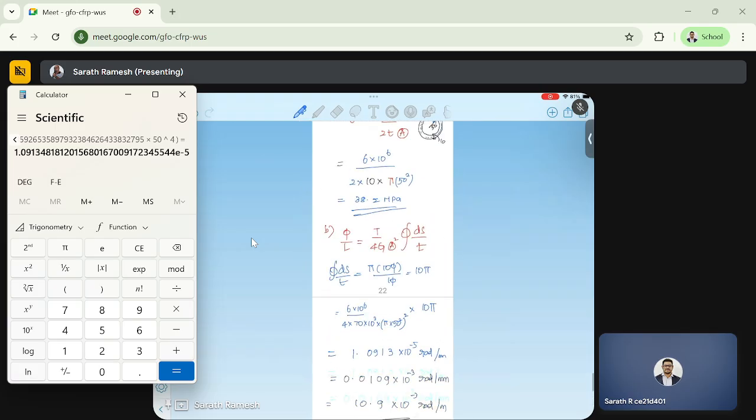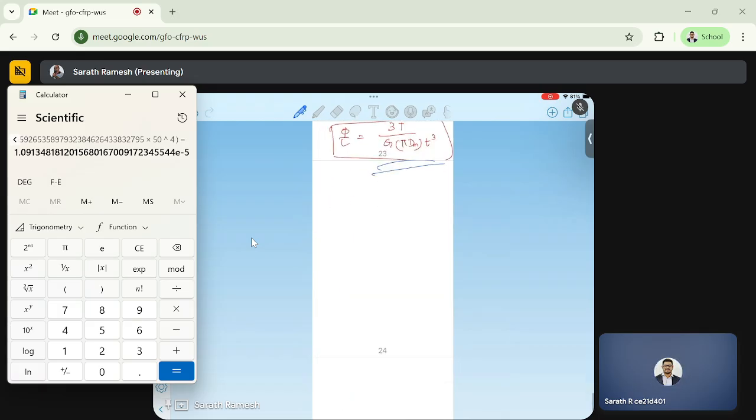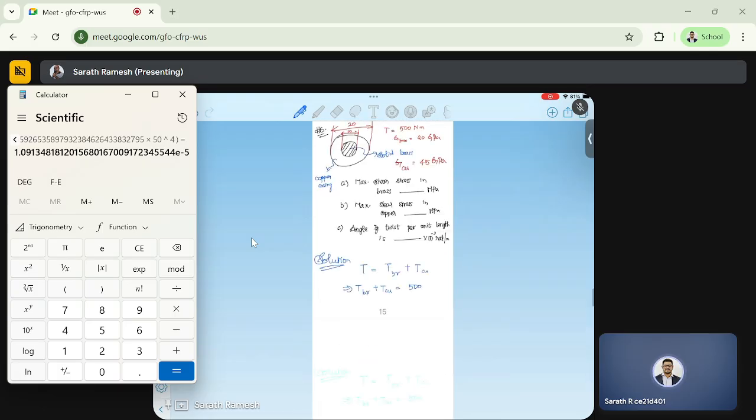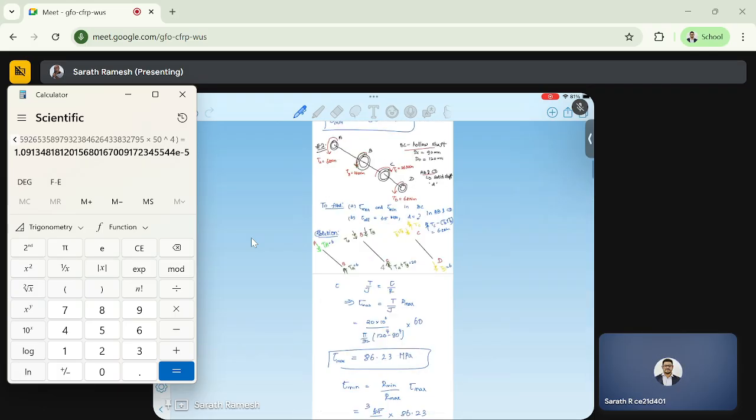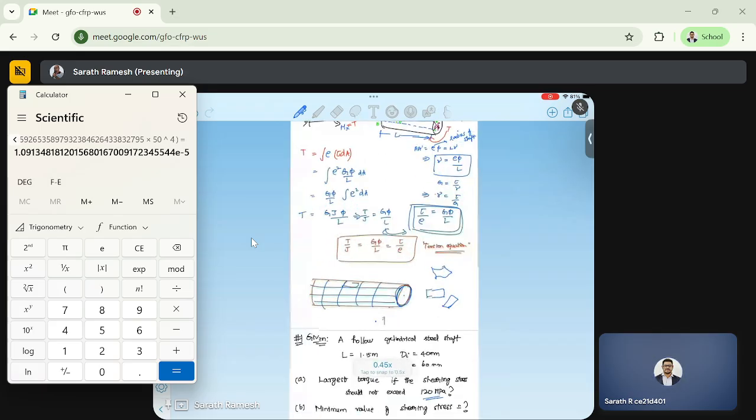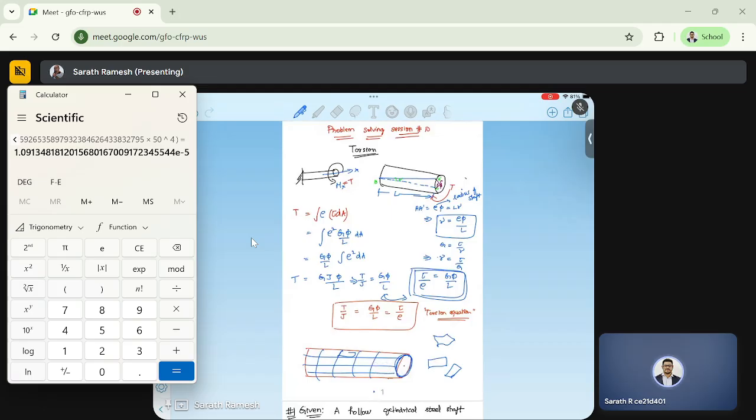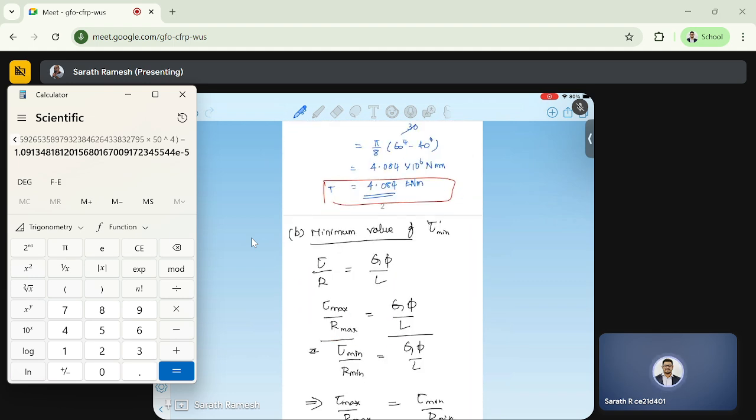Right. So I think that's it for the day. We come to the end of the section. I'll just quickly go through what we have seen. We saw how to solve problems on members subjected to twisting moments, how to find the angle of twist and maximum and minimum shearing stresses in various problems.